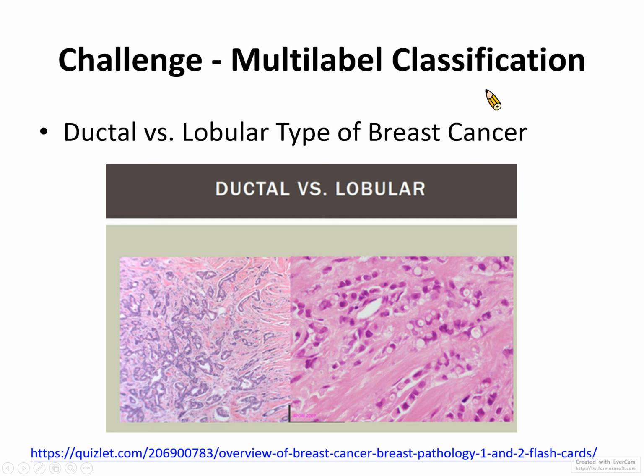And for this purpose, you need to find lobular data. Unfortunately, I do not have data for lobular breast cancer, but if you are working in the medical field, then you should be able to find collaborators to do this kind of research.